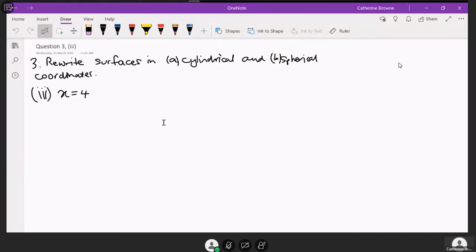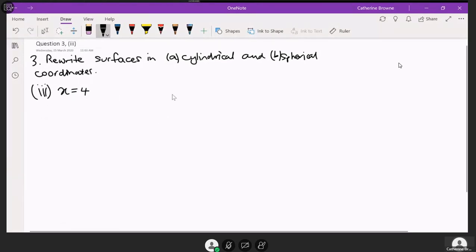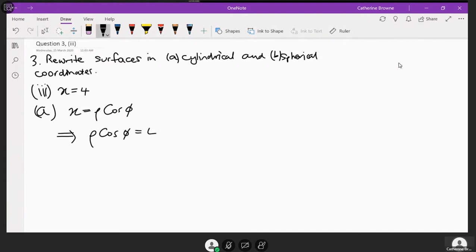So in cylindrical coordinates, x is equal to rho cosine phi. So therefore we have rho cosine phi is equal to 4. So this is an implicit definition, but it states the relationship between rho and phi.